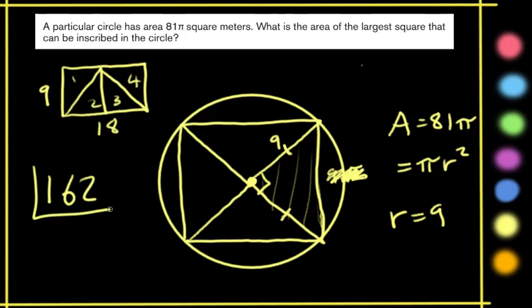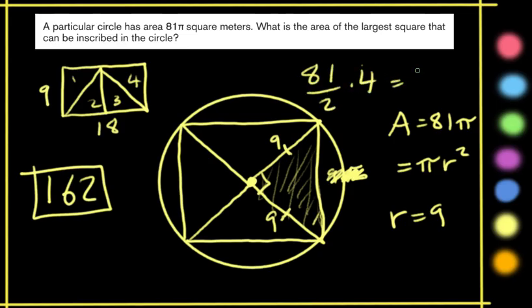So that's our final answer there. The other way to do it, well, I guess the other way actually doesn't involve square root of 2 either. You could just find the area of this triangle as being 9 times 9 divided by 2, and then multiply that by 4. Actually, that's a pretty good way to do it too. You would just have 81 over 2 times 4, and that'll just be 81 times 2, which will be 162. So that's a good way too.